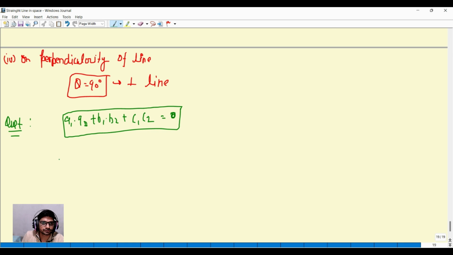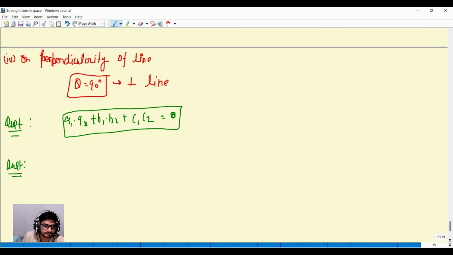Okay, so if the lines are given in Cartesian form, for example, let us take question number 1.